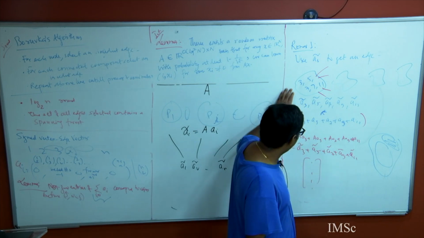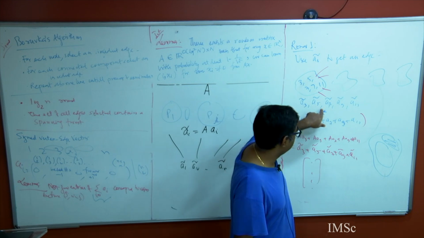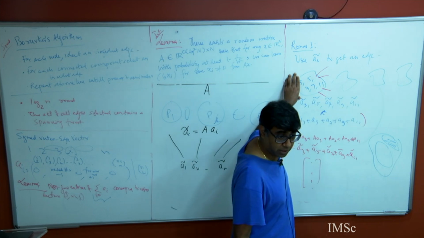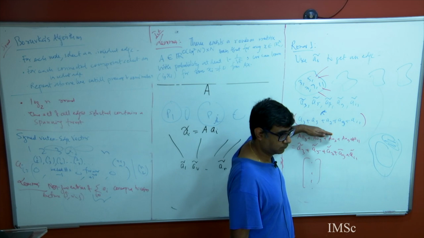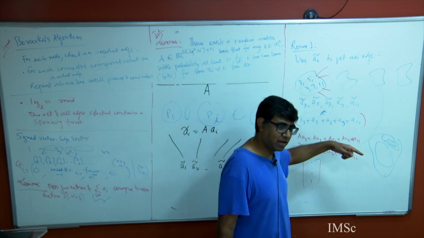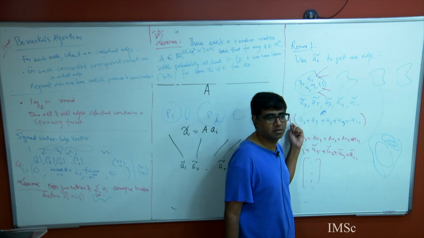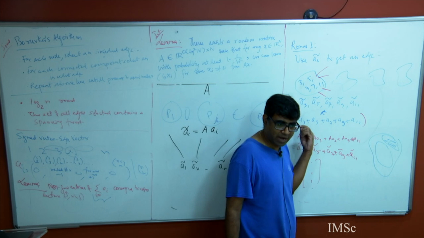Now, I have already used A for A3 tilde, A5 tilde, A7 tilde, A9 tilde, A11 tilde for this particular A. Whatever I have got is determining S. So with respect to these vectors, this A is not a random matrix anymore. It is fixed.